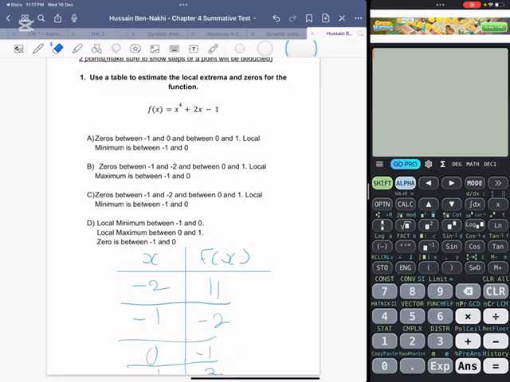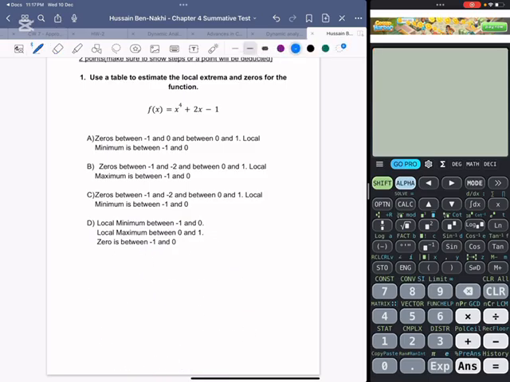So now these two. On your graph, which should look something like this, we're gonna see that there's only a minimum, there's no maximum, because the graph only turns once.